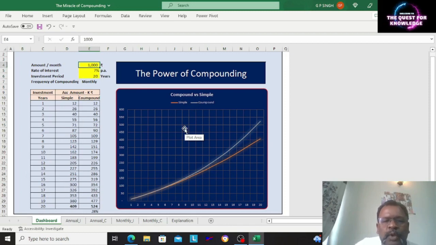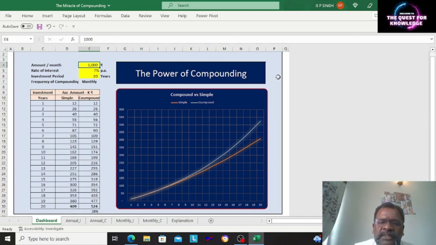So we need to make best use of compounding so that our investment grows faster and it helps us in wealth creation. So the rule is you will have to remain invested, okay? If you go for a recurring deposit for a small amount, suppose you can afford to save 5,000 rupees per month, but you don't invest 5,000 rupees per month in the recurring deposit.